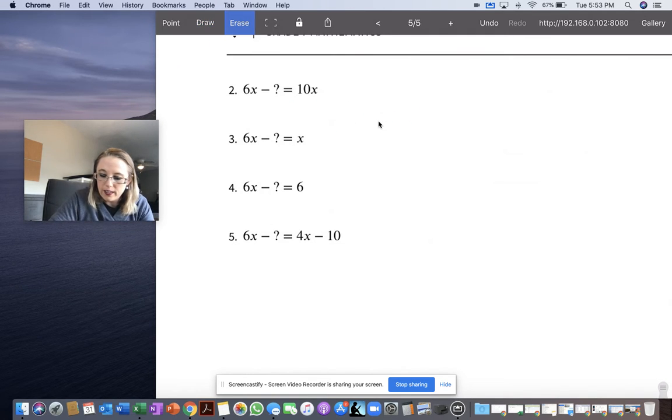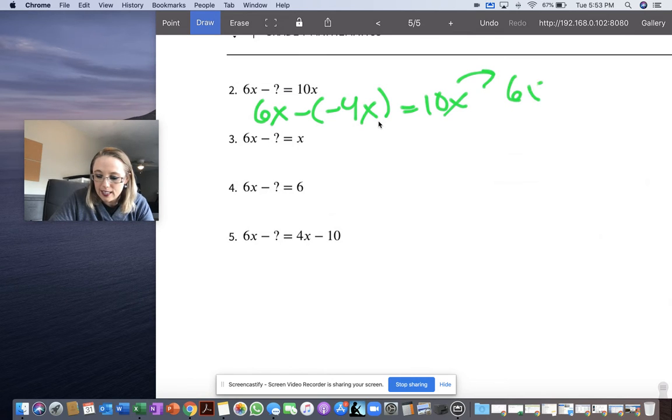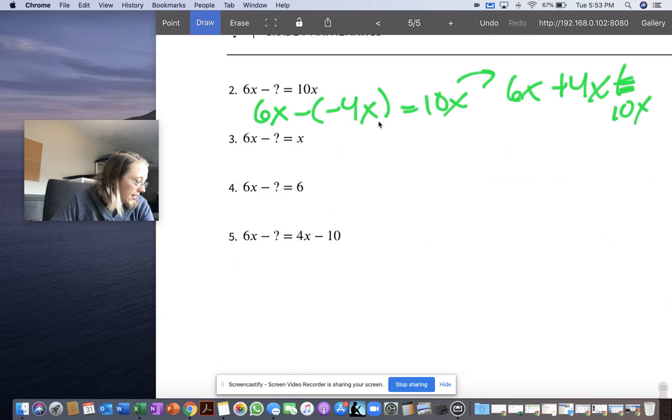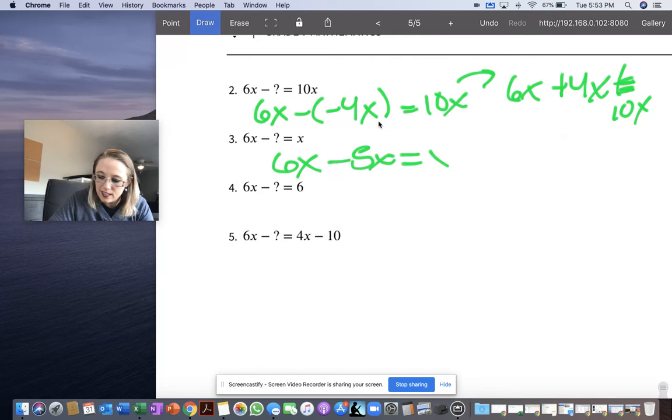So this should actually look like 6x minus a negative 4x equals 10x. It is saying the same thing as 6x plus 4x equals 10x, just with the negative in there, okay? So number 3 is going to be 6x minus 5x equals x, or this is also known as 1x. There's always an invisible 1 or a coefficient 1 in front of a variable, okay?